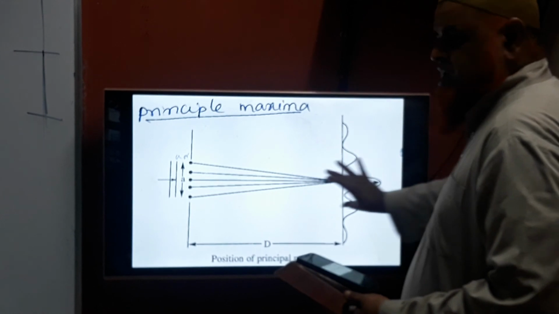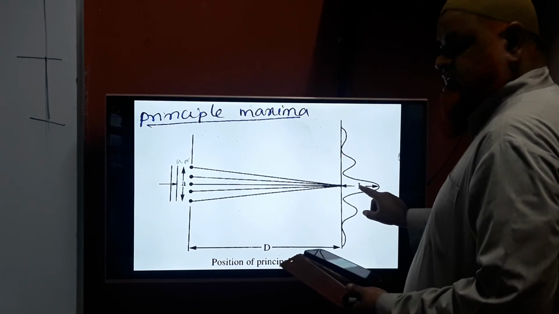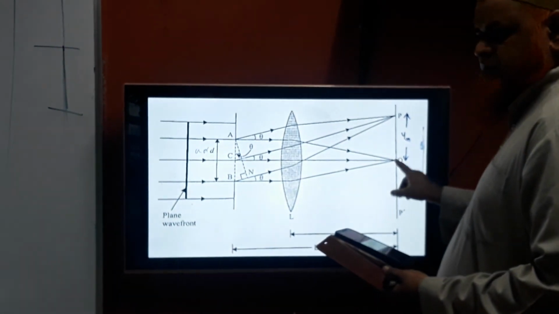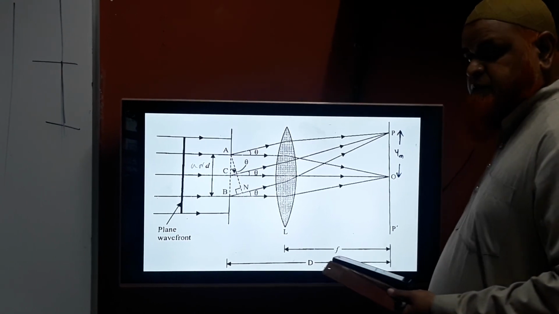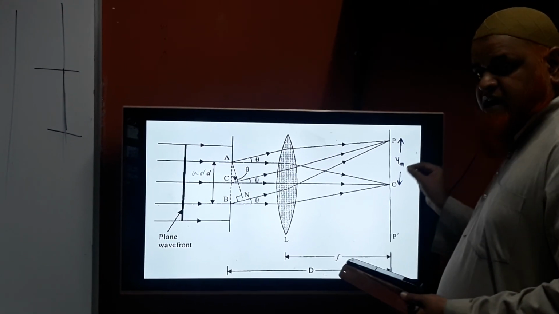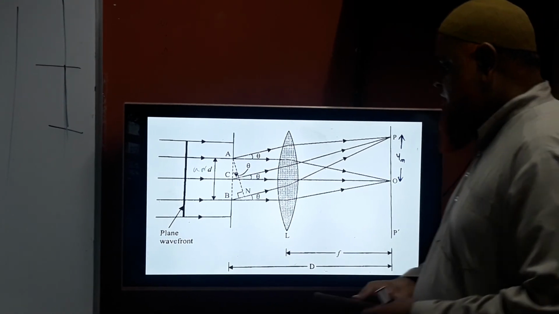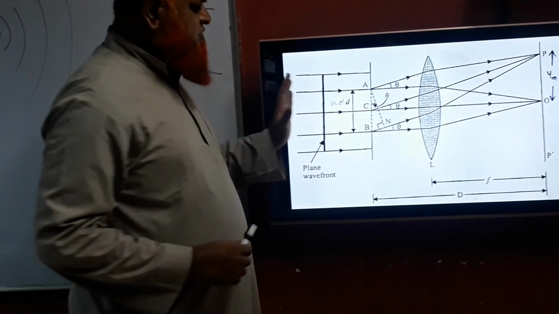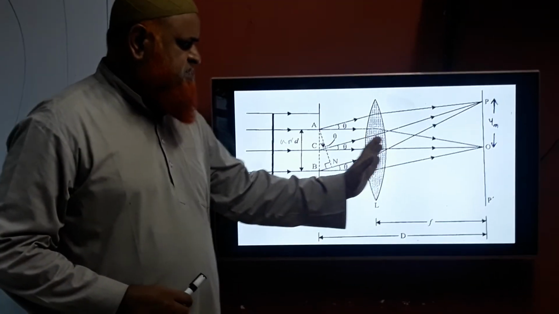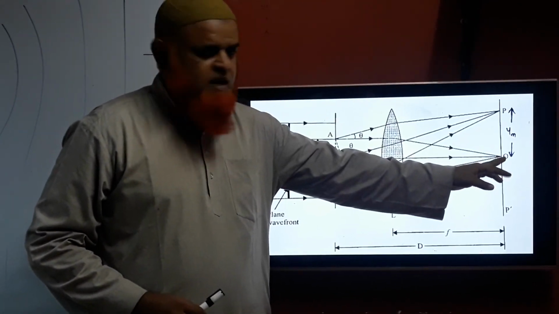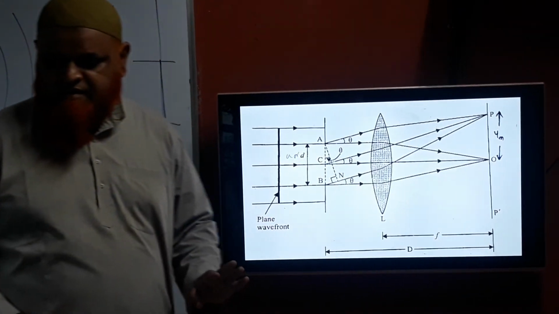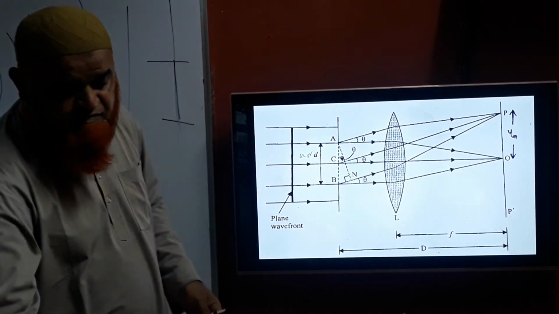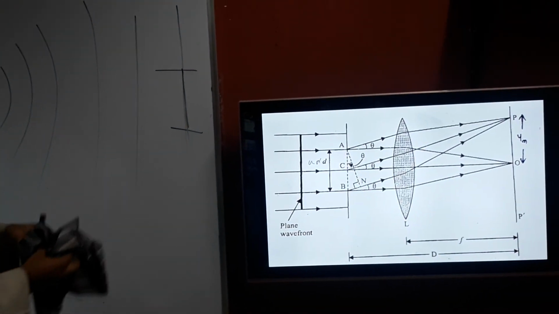The direct light ray which falls on the lens is collected here, and you get the central bright band, also called the principal bright band. If you observe, the parallel beam of light falls on the lens at the center, and this is some other band. That band can be a dark band or a bright band.